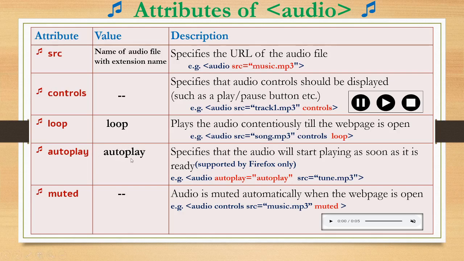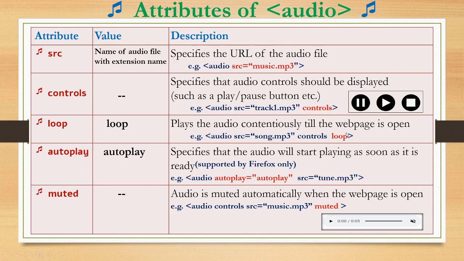Then next is autoplay. Autoplay equal to autoplay is the syntax. The browser supports this tag only Firefox. No other browser supports this tag. What this tag actually means is that whenever the web page is open, the audio file starts playing automatically.